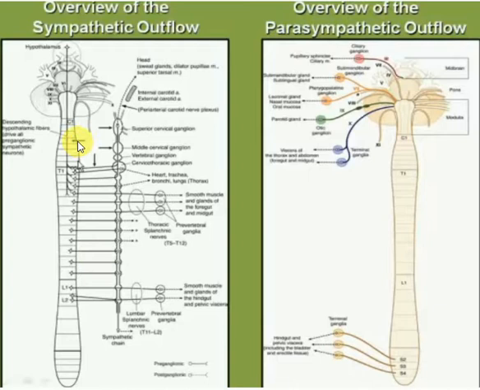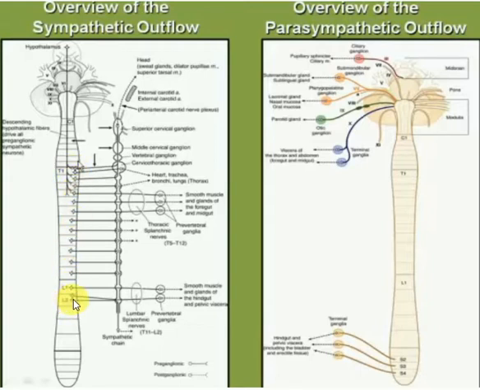If you see on this slide, on the left side of the diagram, this is of the sympathetic system, and as you can see, the cell bodies of the preganglionic nerve fibers are present in the spinal cord, from the T1 level to the L2 level.